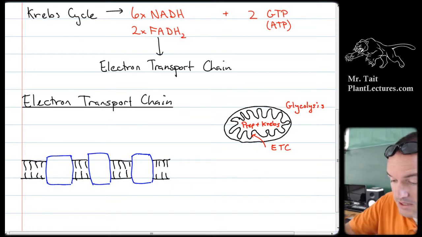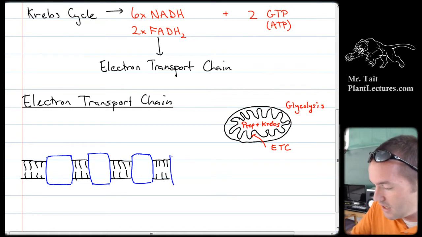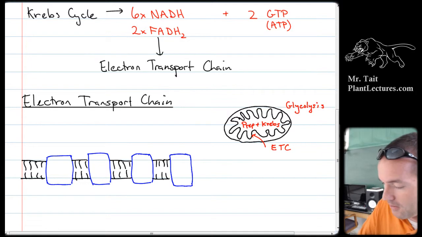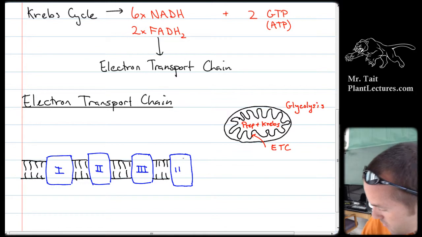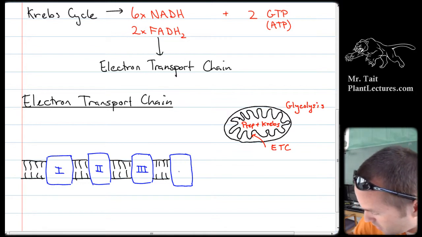And it's one of the proteins that is involved here. Cytochrome C is going to be found in protein complex 3 and in protein complex 4. Okay, so we're going to refer to these as protein complex 1, protein complex 2, protein complex 3, and protein complex, Roman numerals are hard, 4.